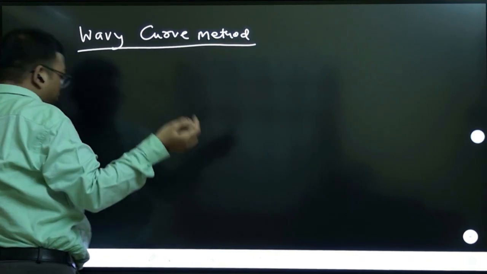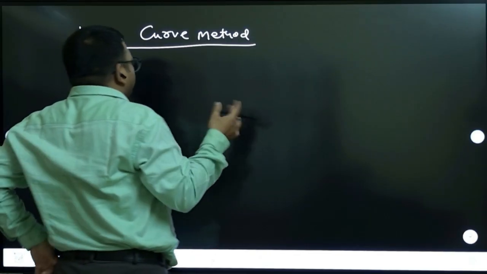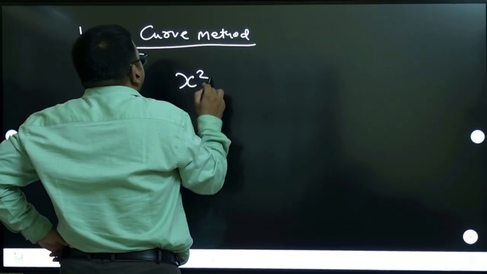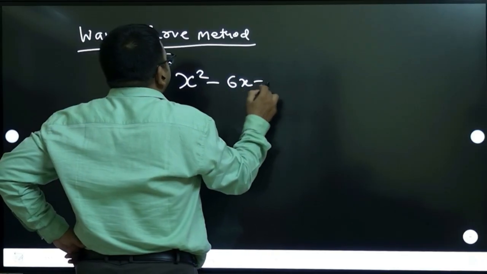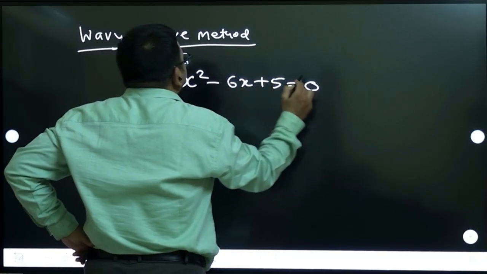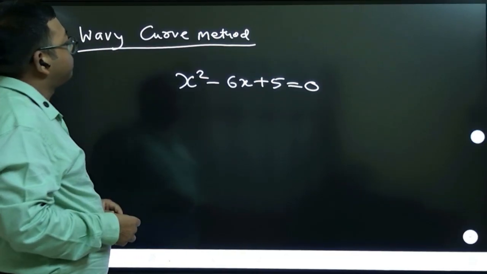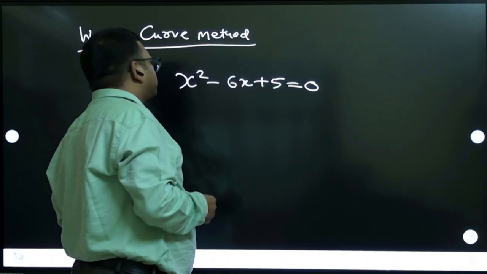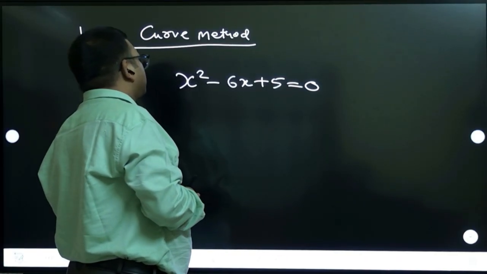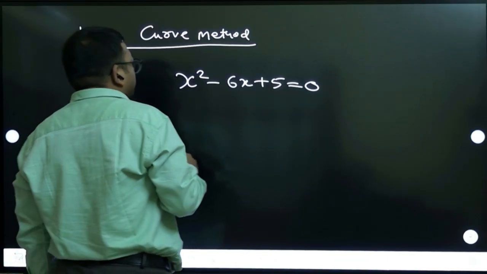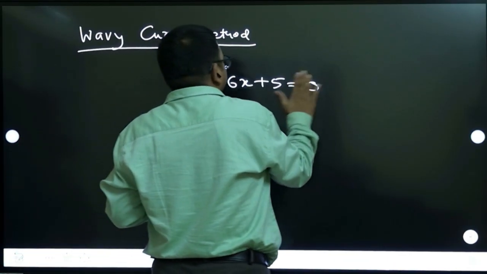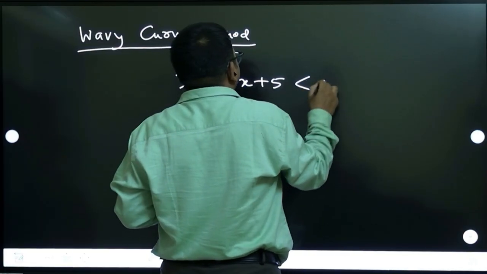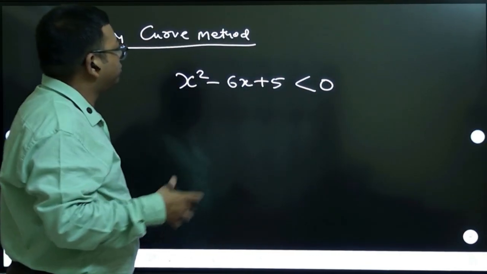What is this method? For example, suppose I have the inequality x² - 6x + 5 < 0. Can I do it with factors? Definitely. You have to find out the possible values of x.